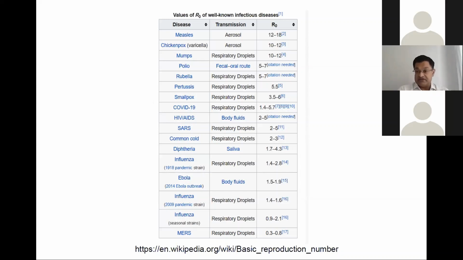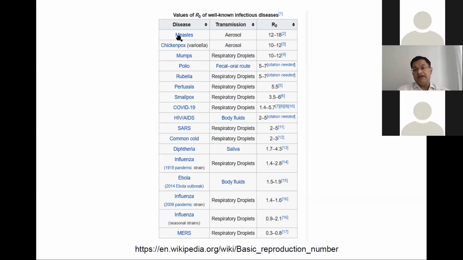On the whole, you see something as low as 1.4 and something as high as 5.7. But a lot of studies have reported it between 1.5 and say 2.5. So I would take a representative number of about 2, although it makes a big difference whether it's 1.8 or 2.2. You will see in a minute in the simulations that this will make a difference.